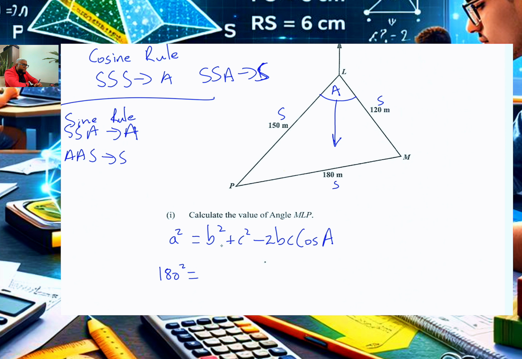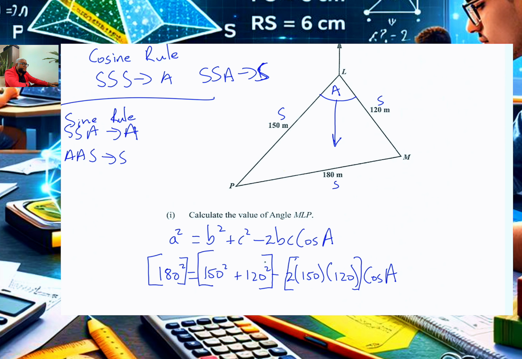B could be 150 or 120. So 150 squared plus 120 squared minus 2 by 150 by 120 cos of capital E, right? So I want you all to work out this, and then work out this, and we put everything back in place, then we will function from there.